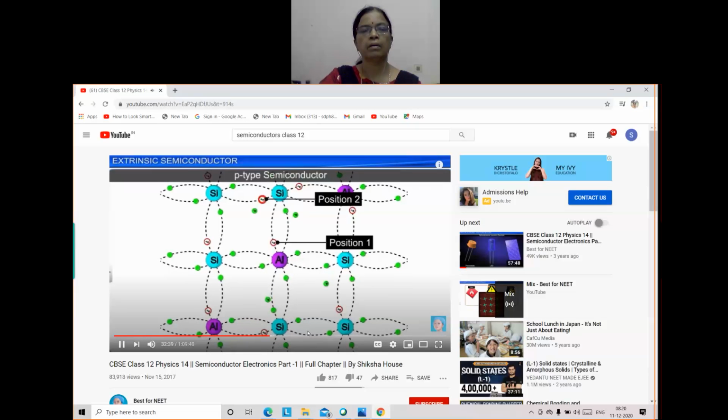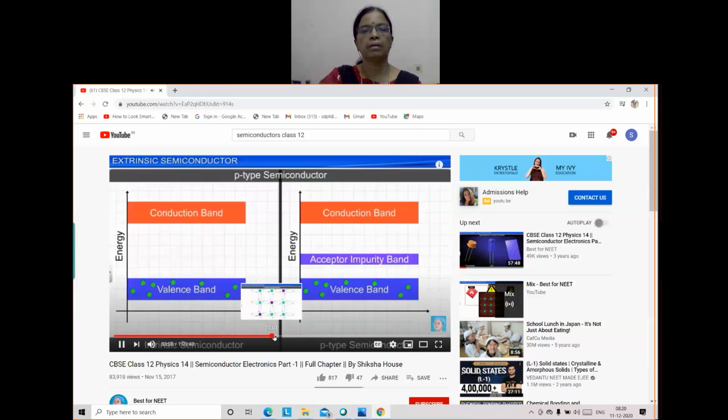Atoms in a p-type semiconductor that lie just above. This is the energy band diagram. Valence band, conduction band, and here just above the valence band an acceptor energy level is formed. A band is formed. Energy level or energy band is formed. So what happens? The electrons from the valence band jump to this level, and more holes are created here.